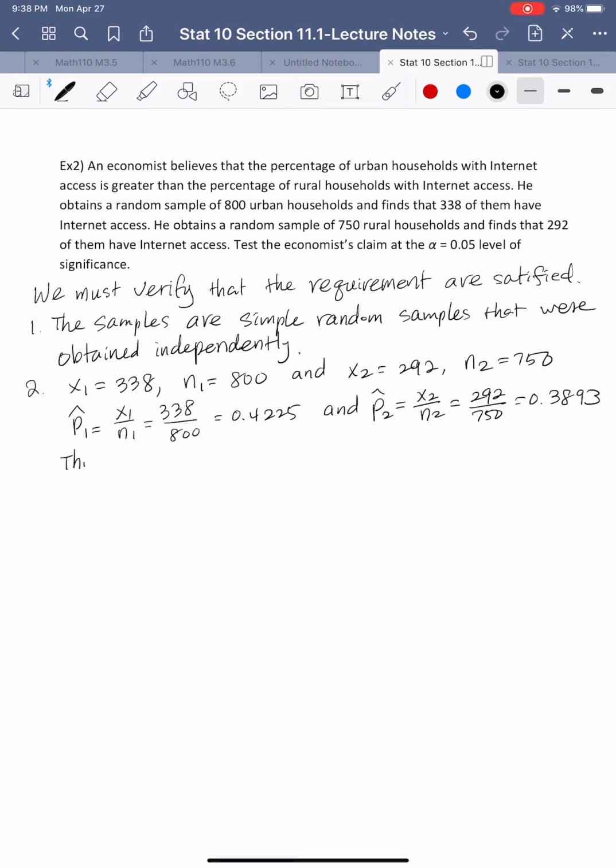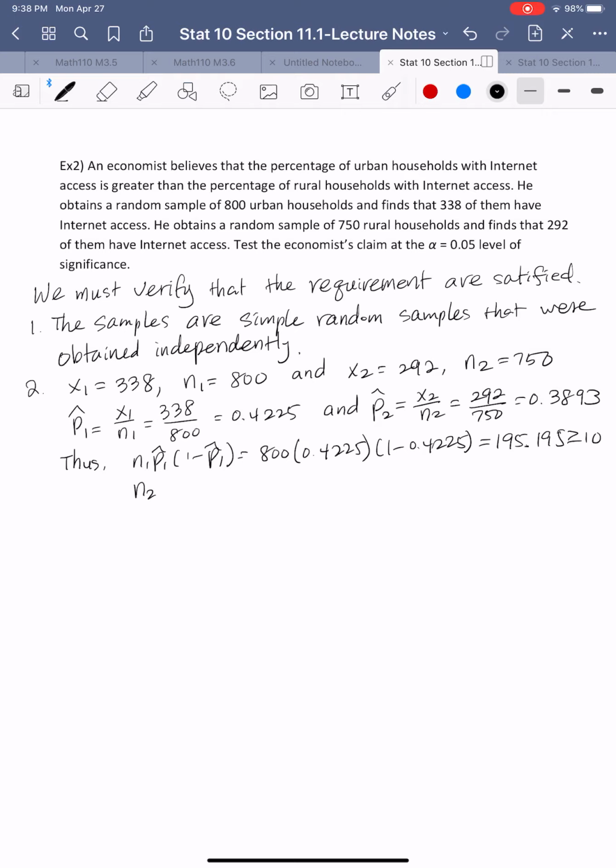So because of this, we can find n sub 1 times p sub 1 hat times 1 minus p sub 1 hat, which is 800 times 0.4225 times 1 minus 0.4225, which is equal to 195.195, which is greater than or equal to 10.